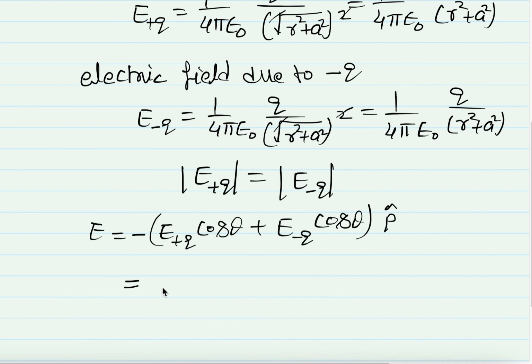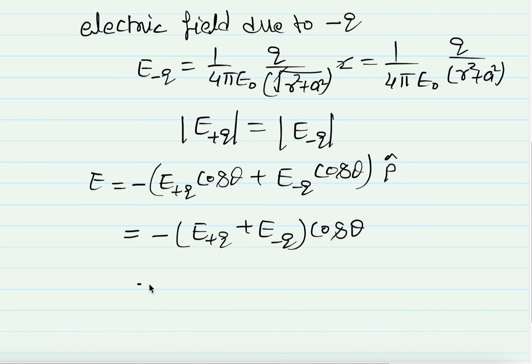We take the common term: minus of E plus q plus E minus q into cos theta. Both magnitudes are equal, so we can write this as minus 2 E plus q into cos theta.